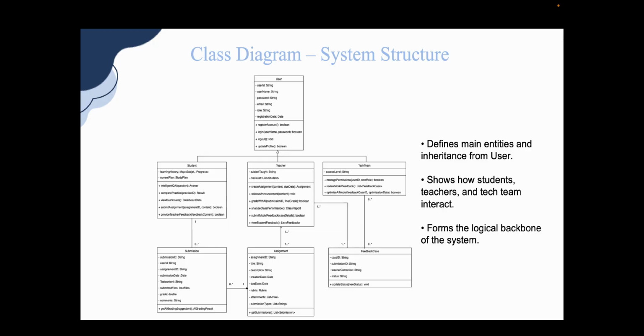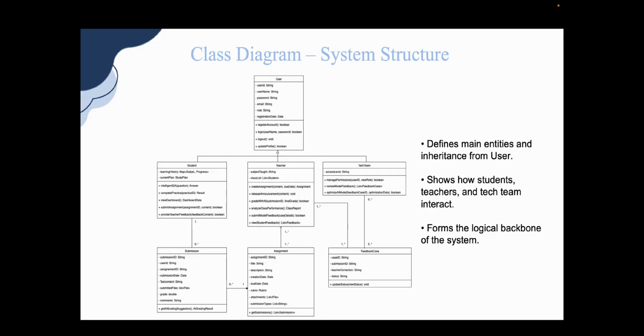Here, we move to the class diagram and object diagram for our learning support system. For the class diagram, the main structure starts with the superclass User, which is inherited by Student, Teacher, and Tech Team. This design allows all roles to share basic information like user ID and email, while each subclass has its own features. For example, students can complete practice and submit assignments.